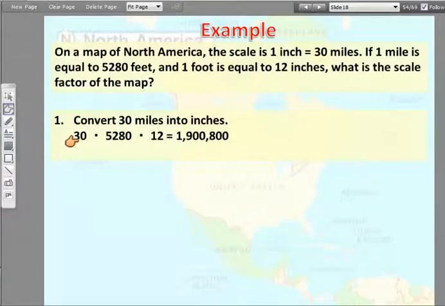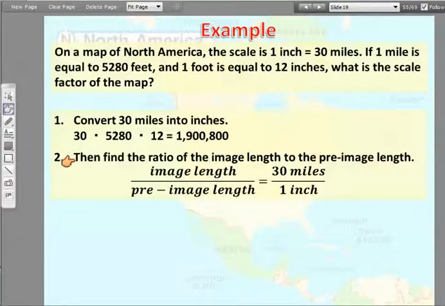So I have 30 miles multiplied by 5,280 feet per mile, and then each foot has 12 inches. So I just multiply all those together. I get 1,900,800.